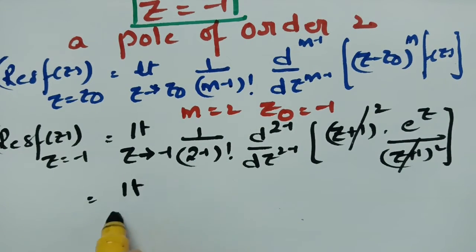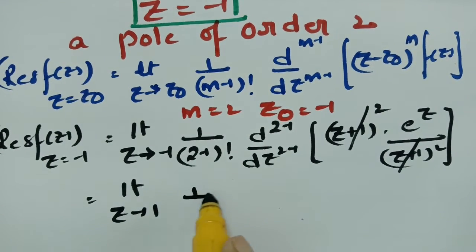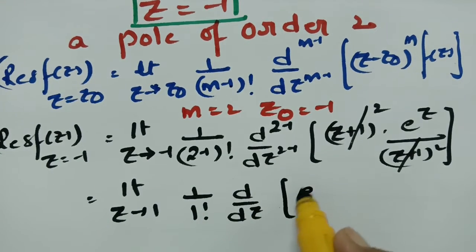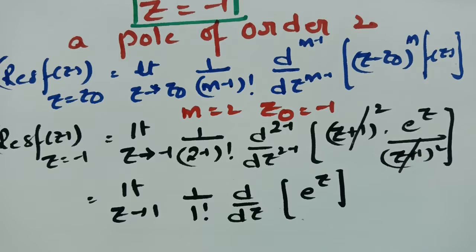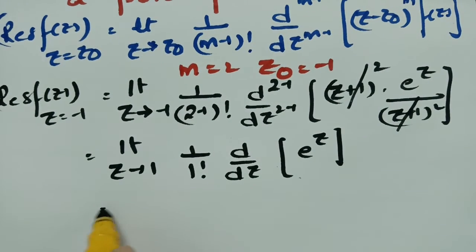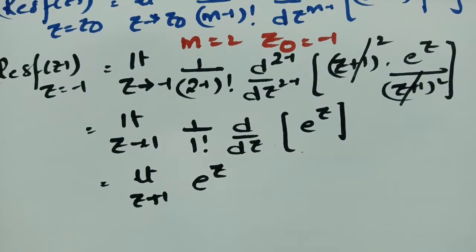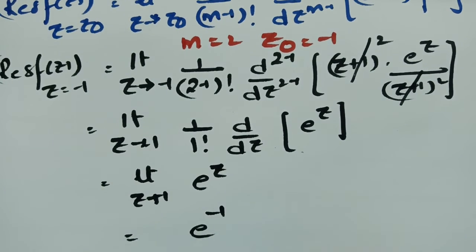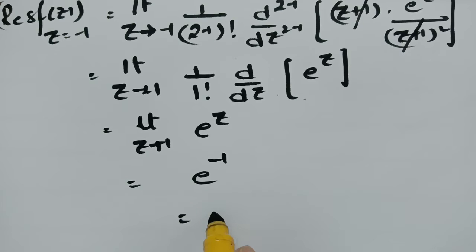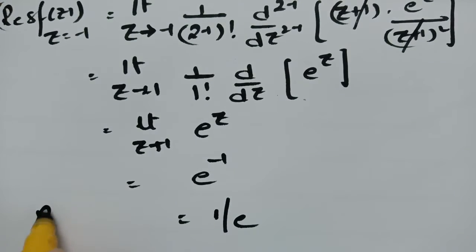This will be limit z tends to minus 1, 1 by 1 factorial into d by dz of e power z. So clearly the derivative of e power z is nothing but again e power z. So if I substitute z value as minus 1, this will be e power minus 1, and therefore our residue value is equal to 1 by e.